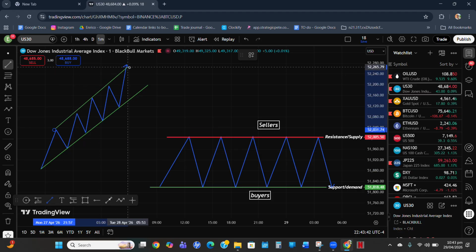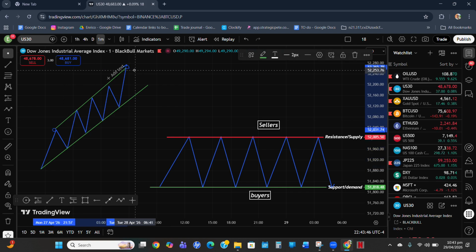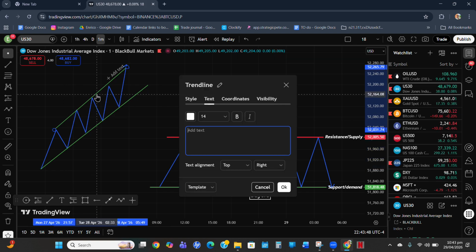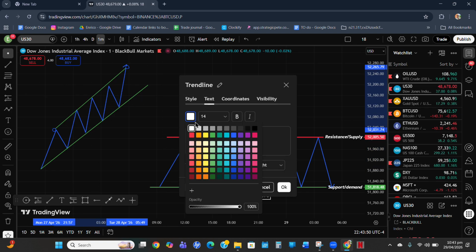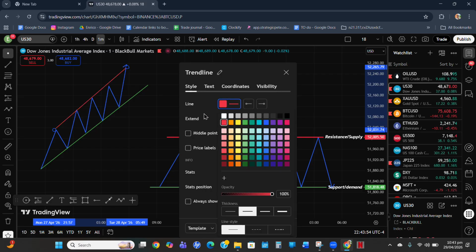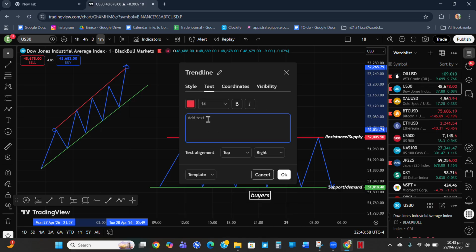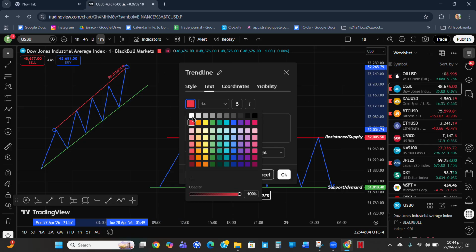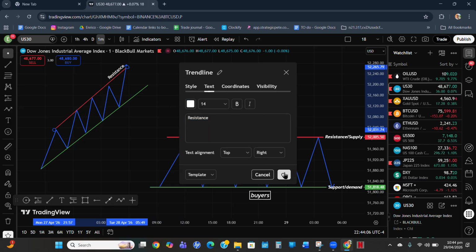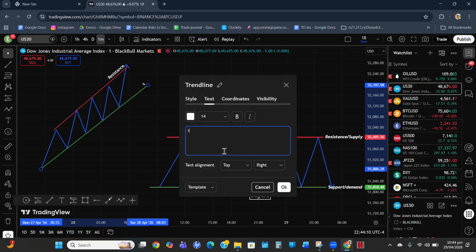And this is our resistance. So we also do see support and resistance in trending markets as well. So our resistance, let's label that there. And this is our support.